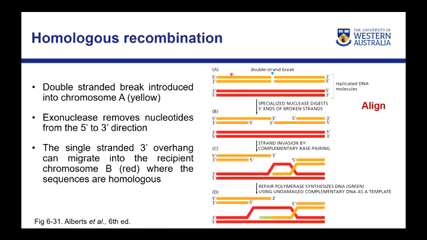So first of all, we've got 2 DNA molecules. We've got the yellow here and the red, and they are homologous, so their sequences are pretty much identical. There is a double-stranded break that's been introduced to the yellow chromosome here. And so first of all, what happens is that you have these specialized nucleases, also called exonucleases, and they digest the 5' ends of the broken strands.